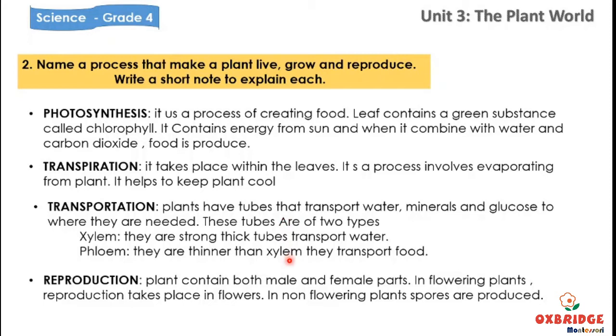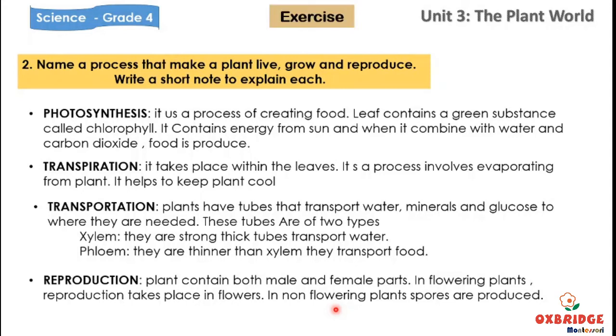And the most known tubes in transportation are xylem and phloem. In reproduction, a plant has both male and female parts, and in flowering plants, reproduction takes place in flowers, and in non-flowering plants, spores are produced.